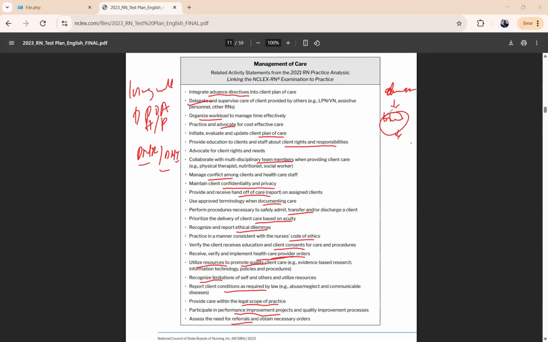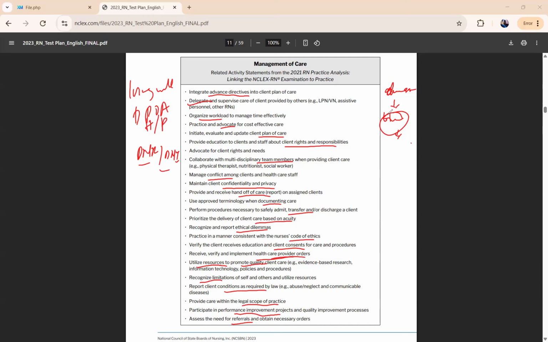We might witness the advanced directive, but we don't notarize it. The legal team does that. Even the doctor doesn't notarize.